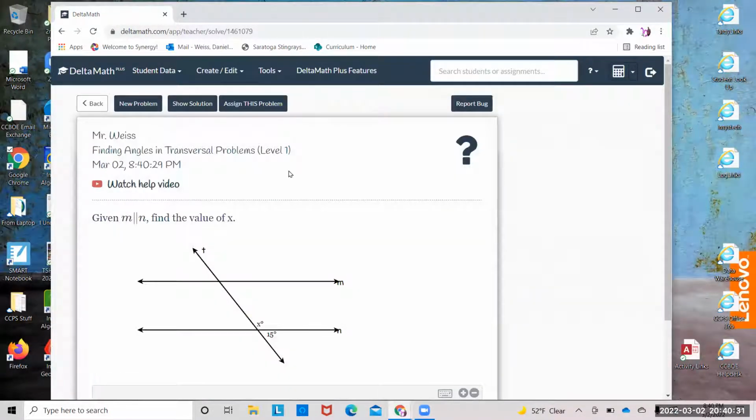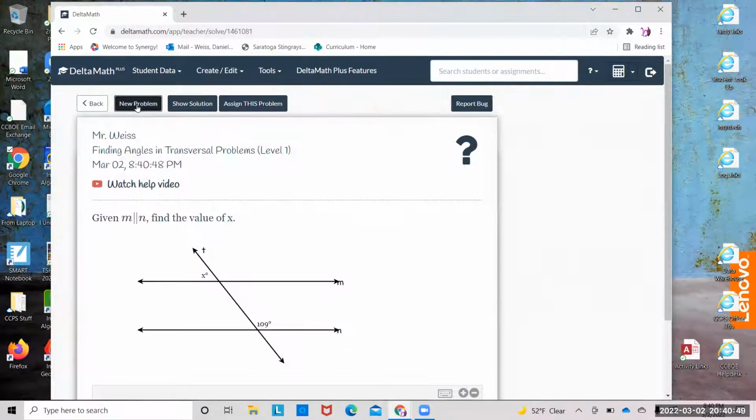All right. Here, in this problem, these two are next to each other. They add up to 180 degrees. So you got to do 180 minus 15 to do this problem.